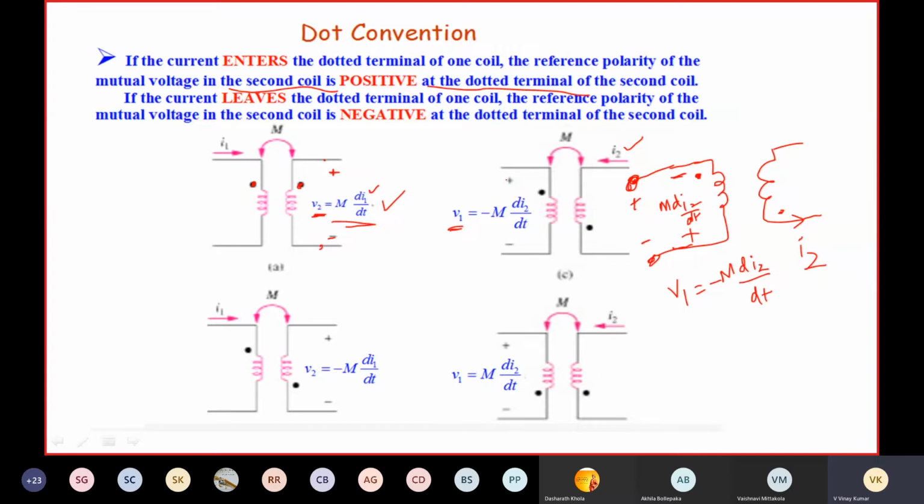Here plus, here minus, means you are collecting voltage at this point with respect to this point. Anyhow, the induced voltage will be negative at the dotted terminal. This is negative with respect to this terminal, so negative voltage. Directly you can write it like this: V1 is equal to minus M di2 by dt.